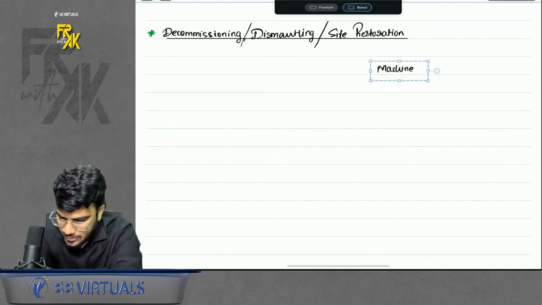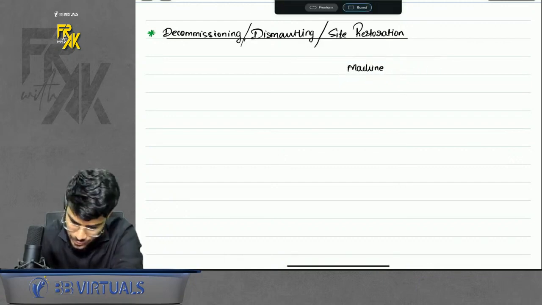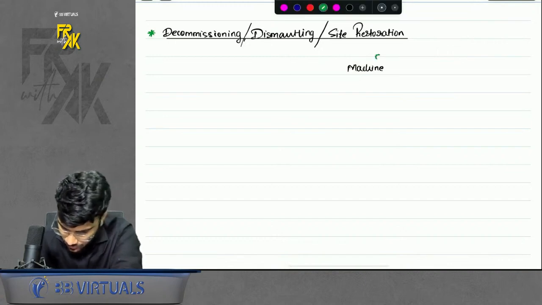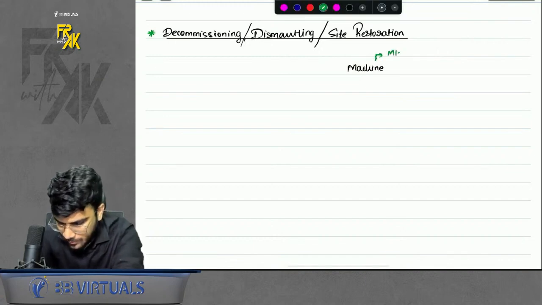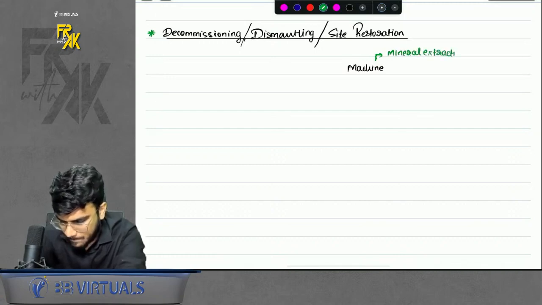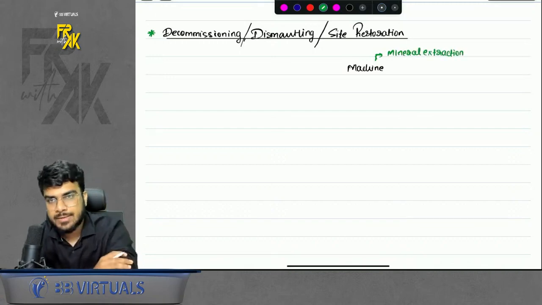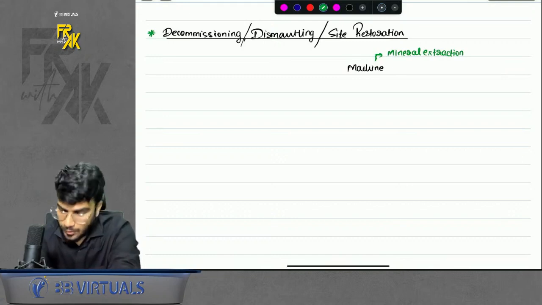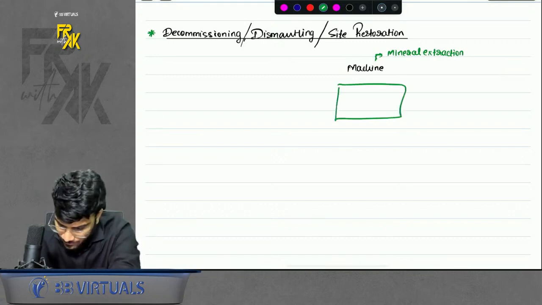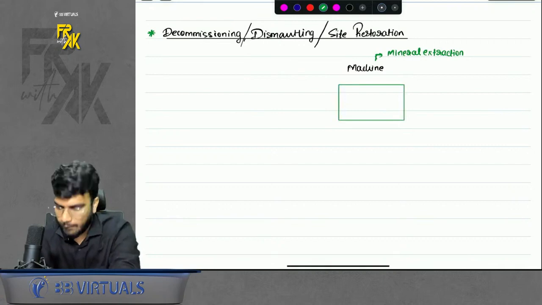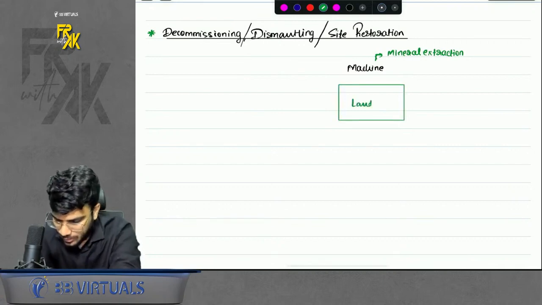This machine is useful for mineral extraction. Now, where will you extract the minerals from? So what you do is you go to the government and the government gives you a land.